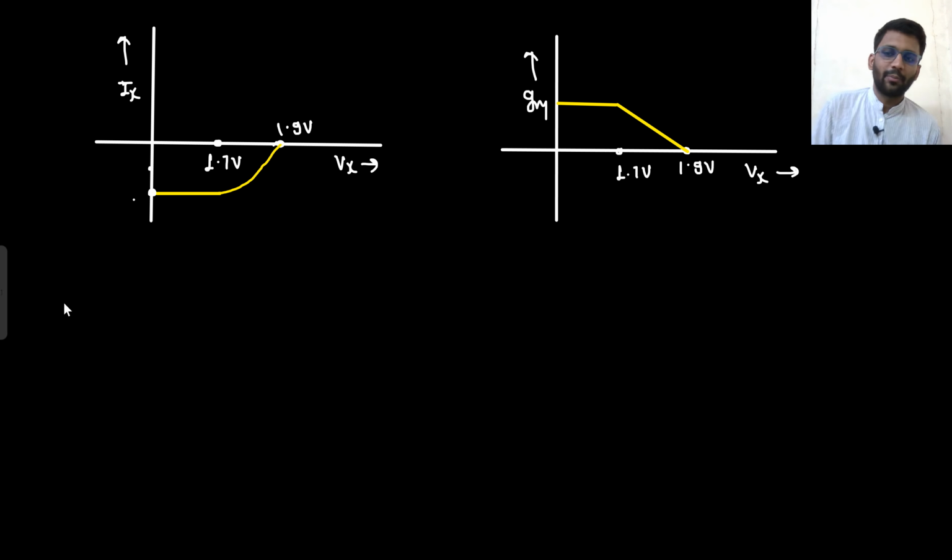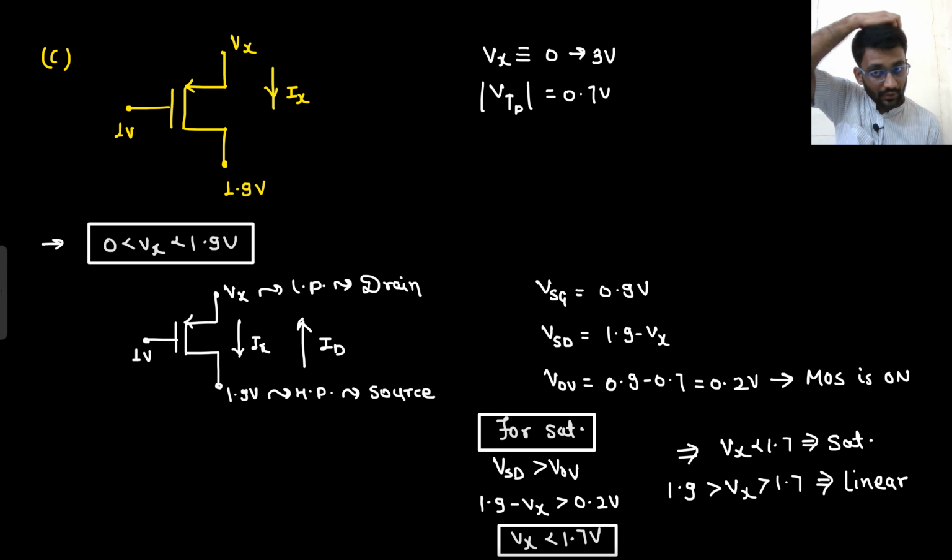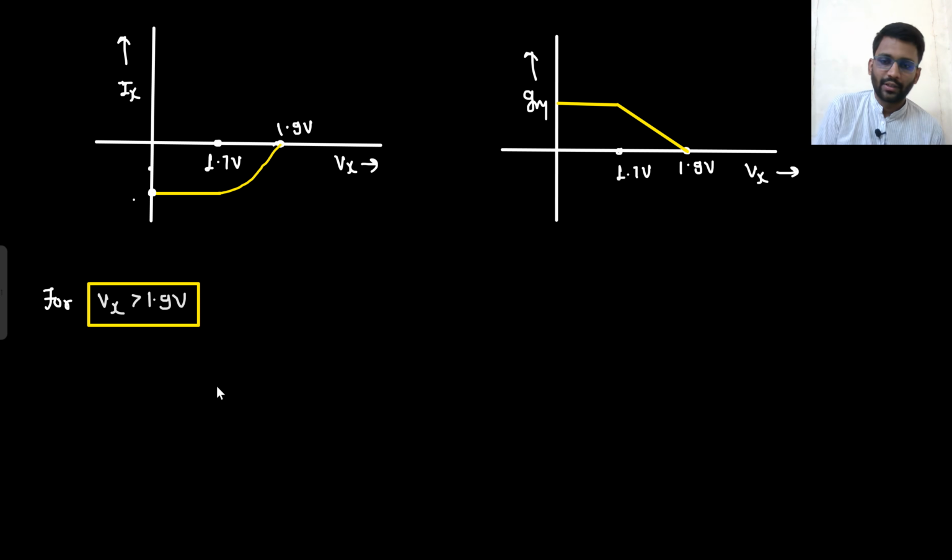For Vx greater than 1.9 volt, what will happen? Now this is the task. Let's check that out. This will be at higher potential, this will be at lower potential, so I can draw the circuit.